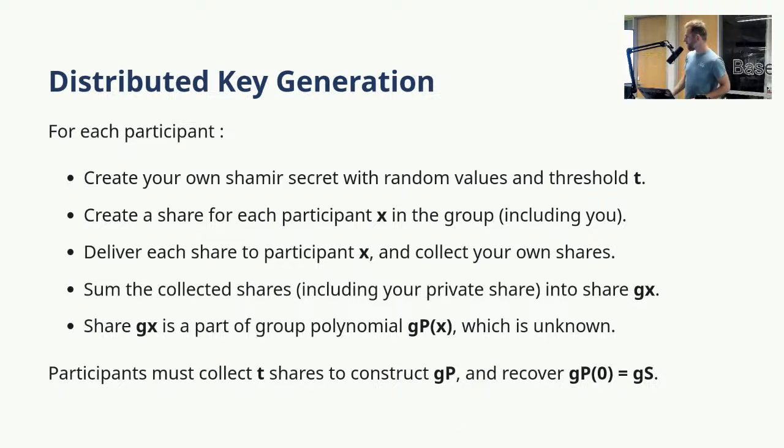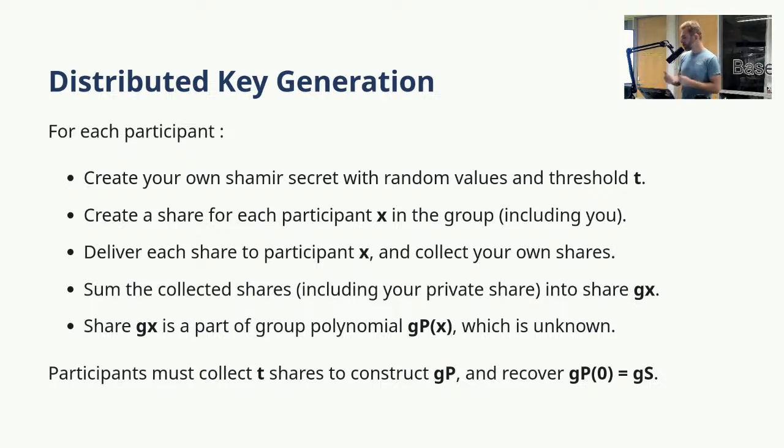You just add them together. And the result is that you get this group share, a share of a group secret. It's the combination of all your secrets together. And because each person has a share that they withheld for themselves, no one person has enough information to reconstruct the group polynomial, and so they can't evaluate it to get the secret.